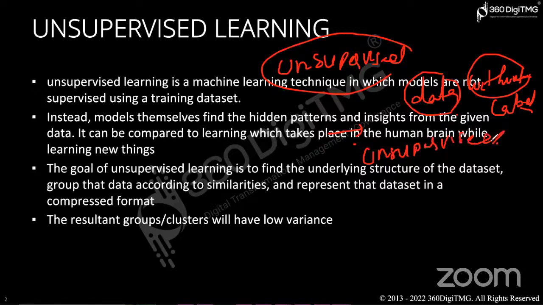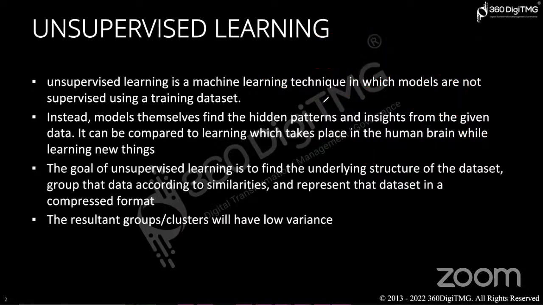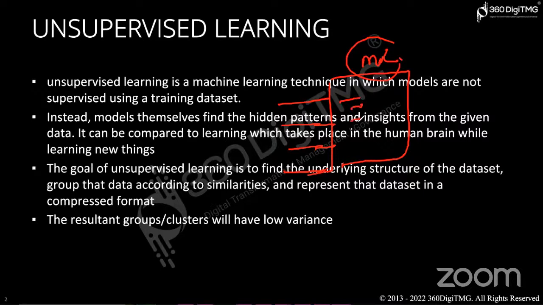What happens whenever we are training on the data? It will be learning the patterns. All the entries we are giving to the model, the ML algorithm, it will go through each and every entry, learn patterns from them, and come up with one logic.